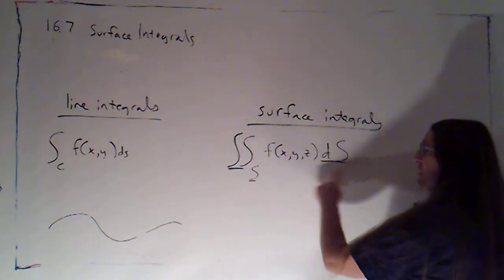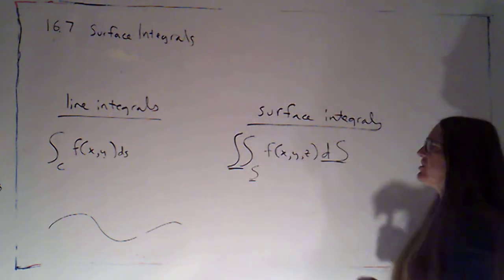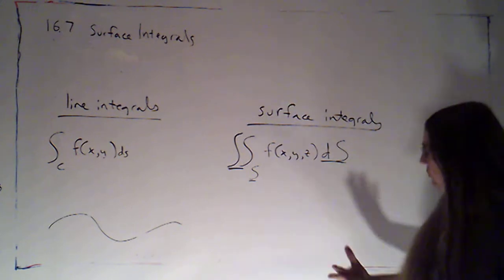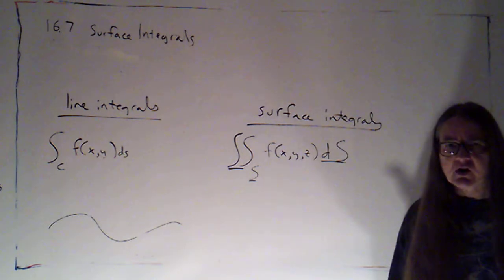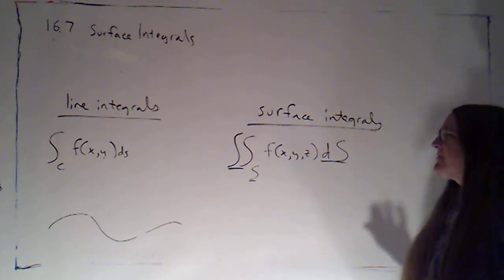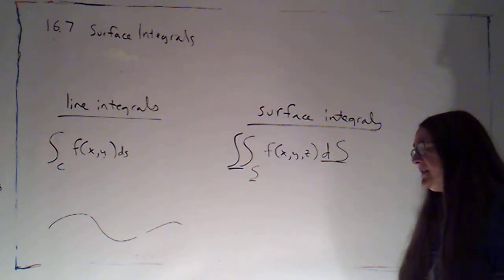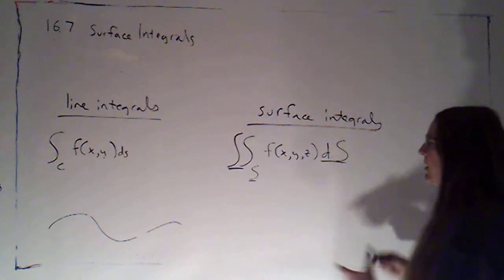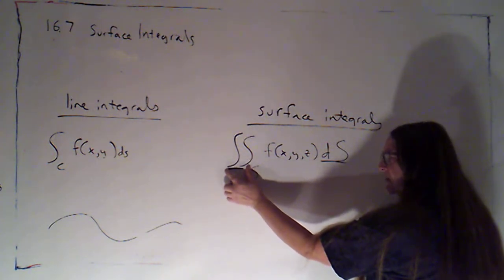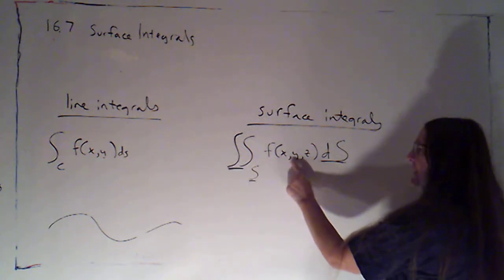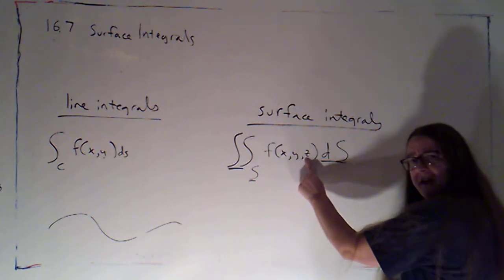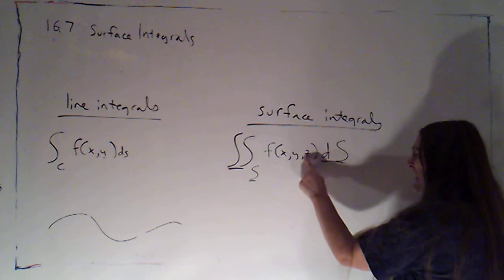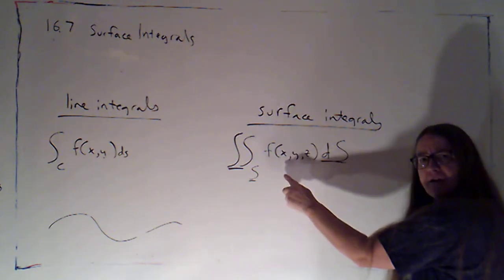Now, when you first look at this, you might have the same reaction that you had when you first saw a line integral, and that might have been to cry or to throw a tantrum or to just put your head down on the table and despair, because it looks really weird. We're doing a double integral, but we're integrating a function of 3 variables, and we're integrating with respect to surface area, and that doesn't match any of those 3 variables.